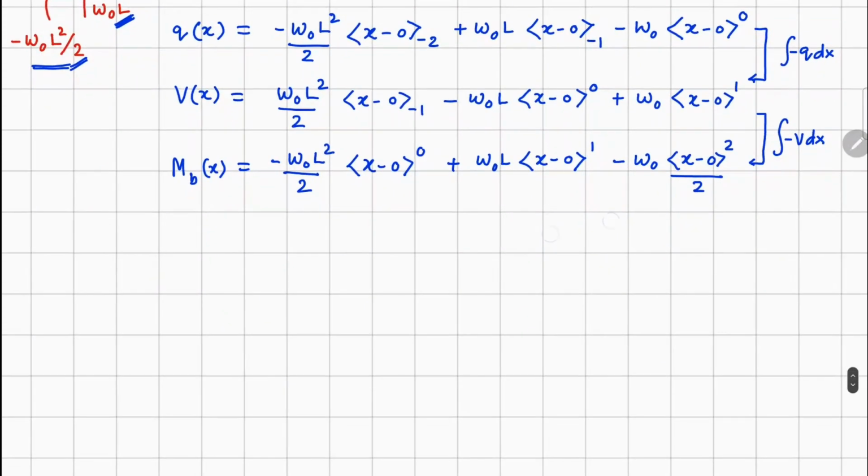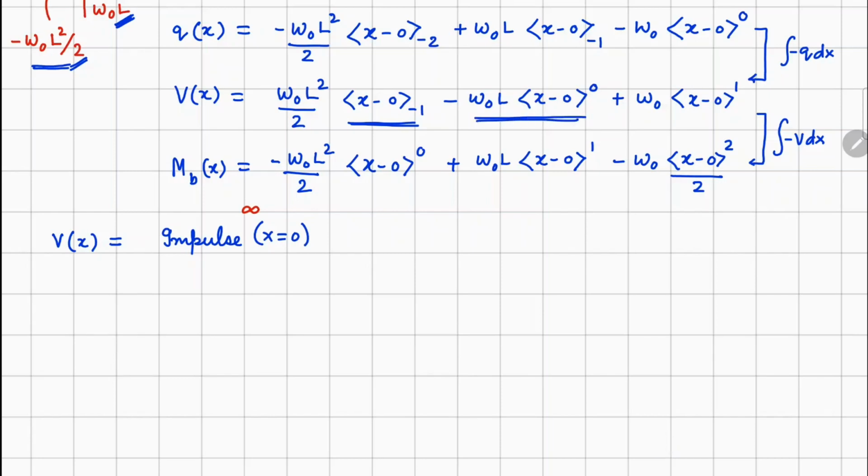So now we can evaluate these as polynomials. If you look at your V(x), this one right here is an impulse function. So let's write this as impulse, which is at x equals 0. And what does this mean? It means that the value of shear force at x equals 0 is going to be infinity here. Just keep that in mind.